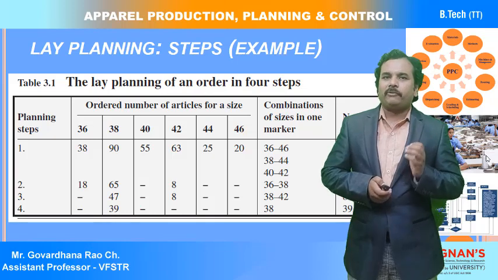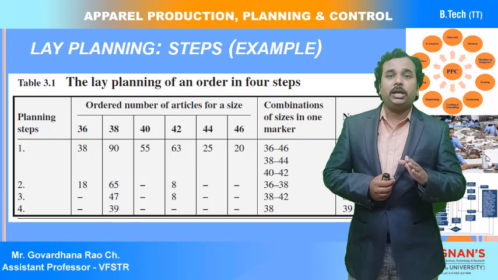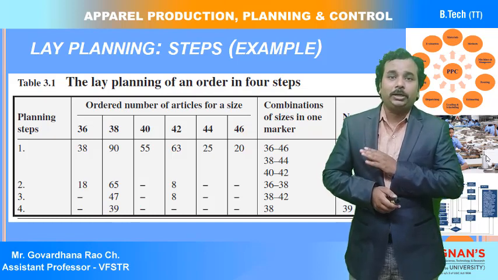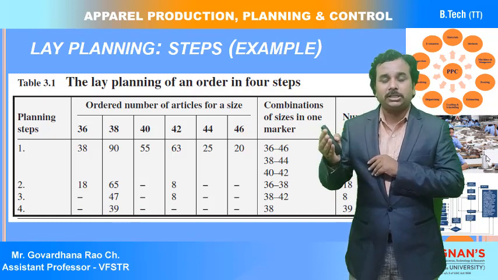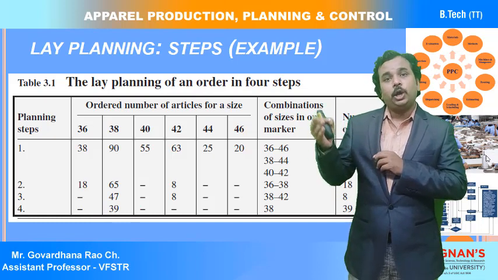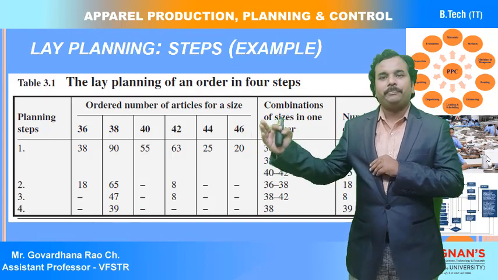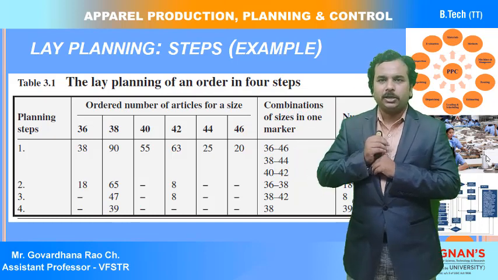Okay. So after preparation of the marker, we are going to spread the number of plies required to get the complete order. For example, 36, 46 size, we are going to make 20 plies. So these 20 plies are going to complete one particular size, that is 46 size. Okay.